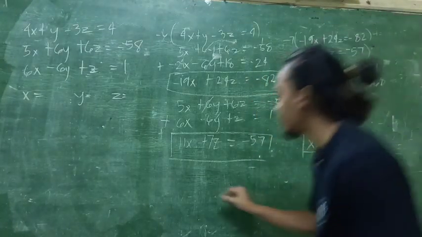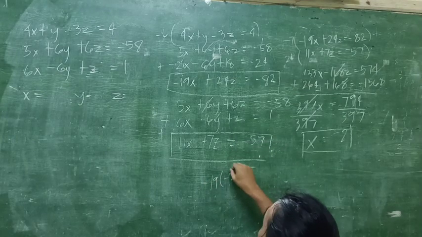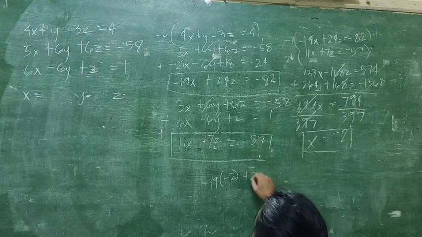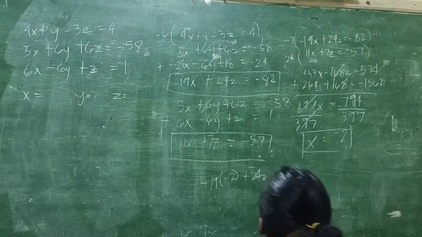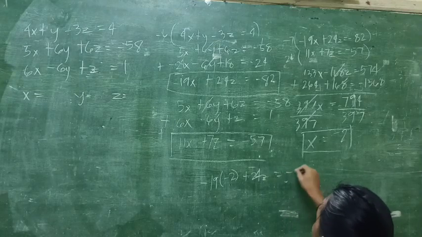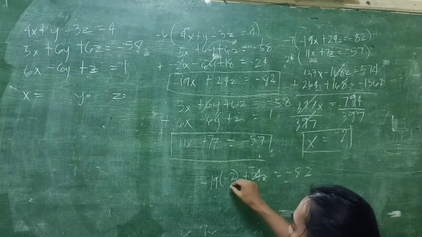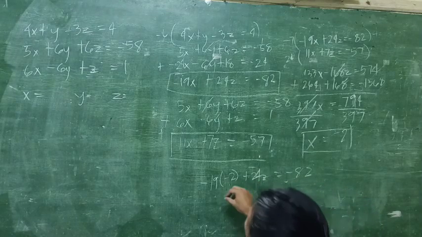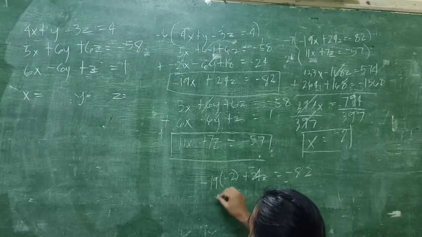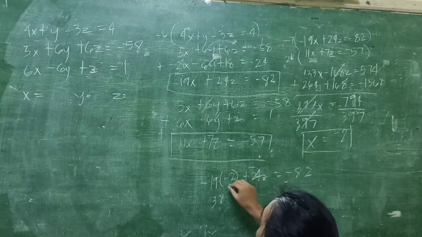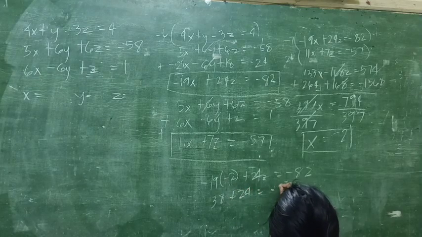Negative 19 times negative 2 plus 24z is equal to negative 82. Negative 19 times negative 2 is 38, plus 24z equals negative 82.